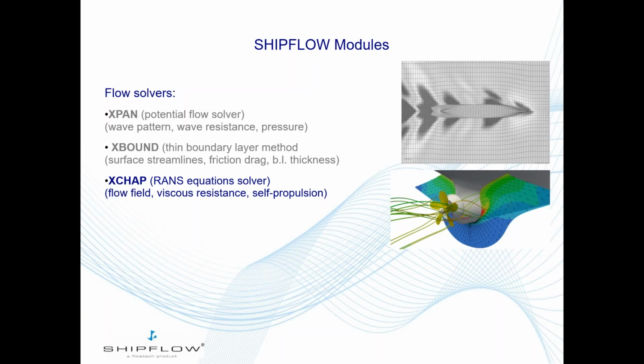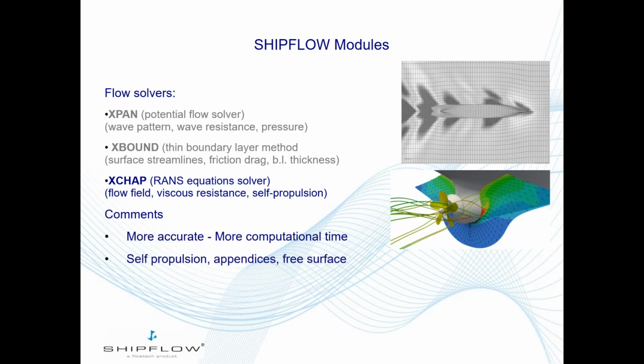So these methods are, of course, more accurate than the potential flow methods, but as you know, they require much more computational resources. And the typical applications here will involve self-propulsion simulations, appendages such as energy-saving devices, or free surface applications.